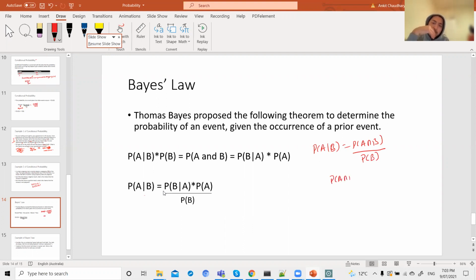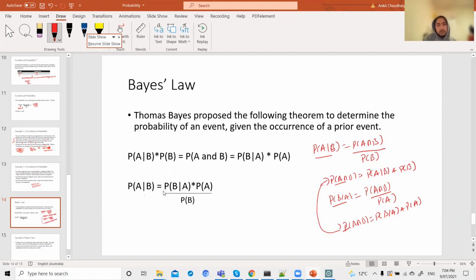So the probability of A intersection B equals the probability of A given B times the probability of B. Likewise, the probability of B given A equals the probability of A intersection B, or B intersection A, both are the same, divided by the probability of A. So this and this are equal, right?